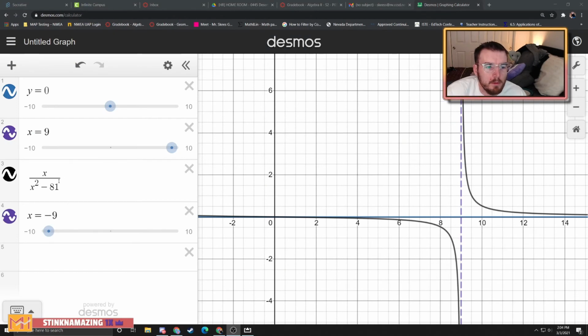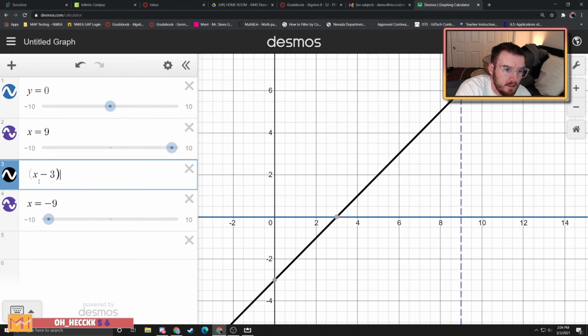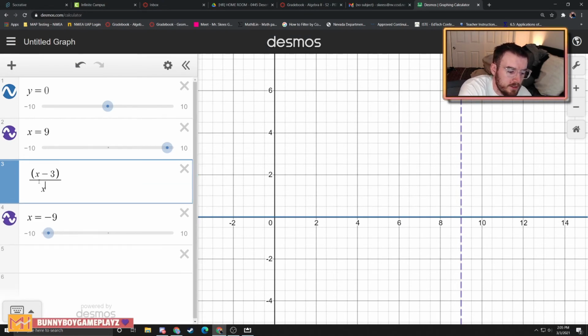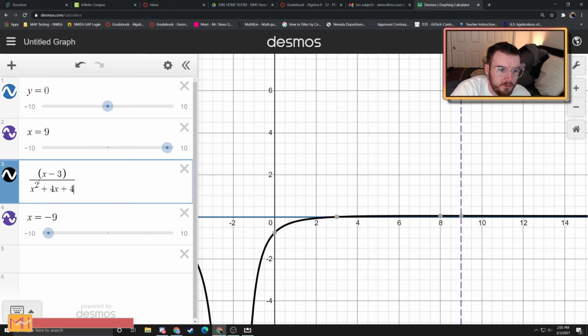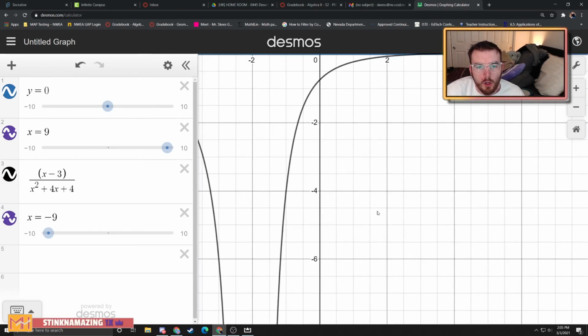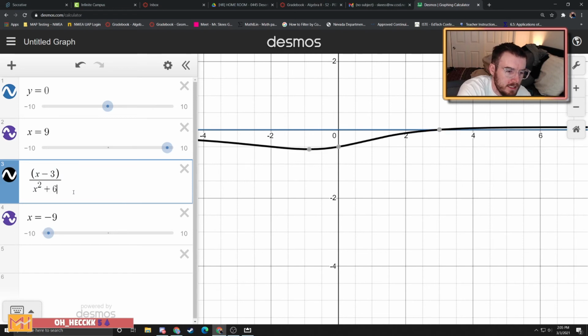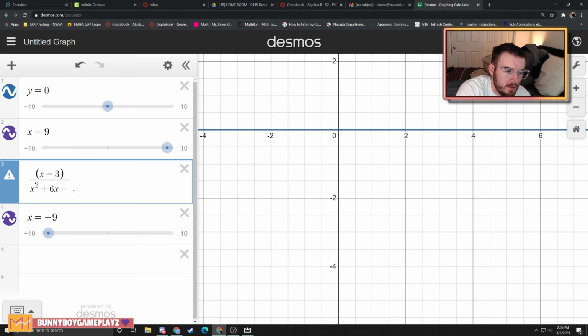Let me just make up some graph, right? Let's say x minus 3 over x squared plus 4x plus 4. Check that out. And we want to know, when is this... that's a weird graph. Let's say plus 6x minus 16.